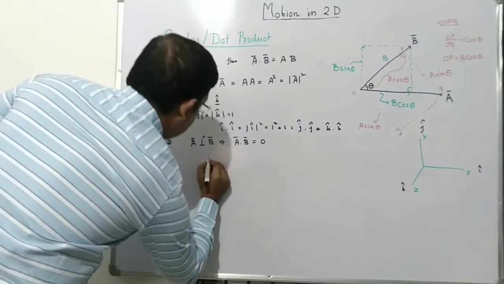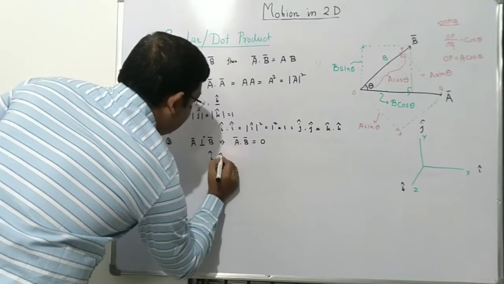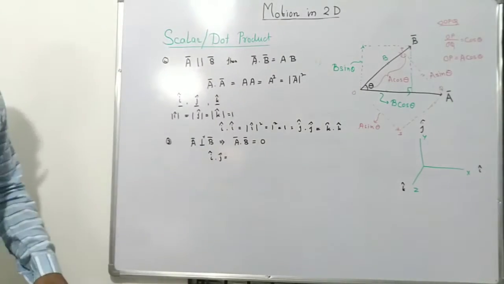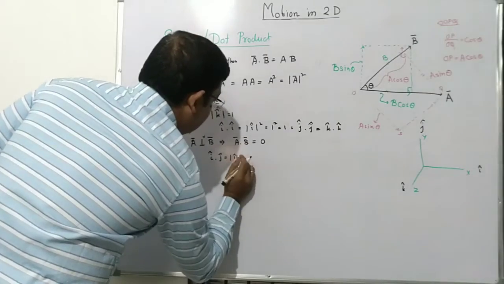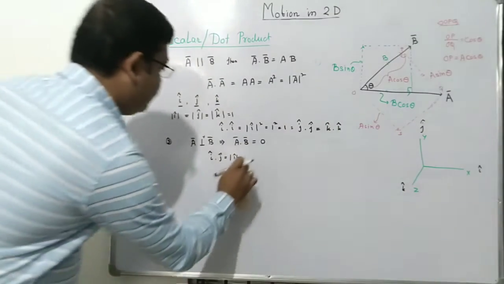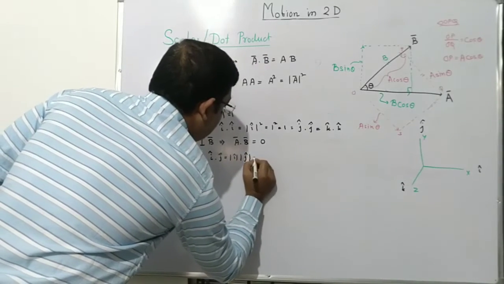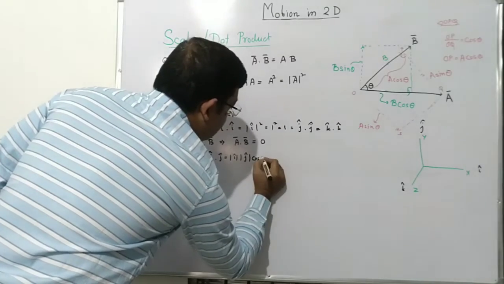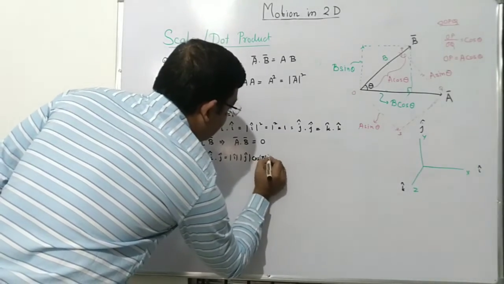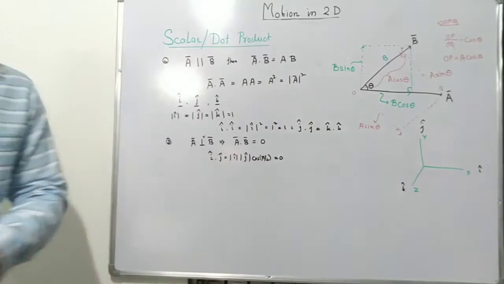Which means that if I take the product I cap dot J cap, it will be given by modulus of I cap into modulus of J cap into cosine of theta. Theta is pi by 2 since they are mutually perpendicular. This must be equal to 0.